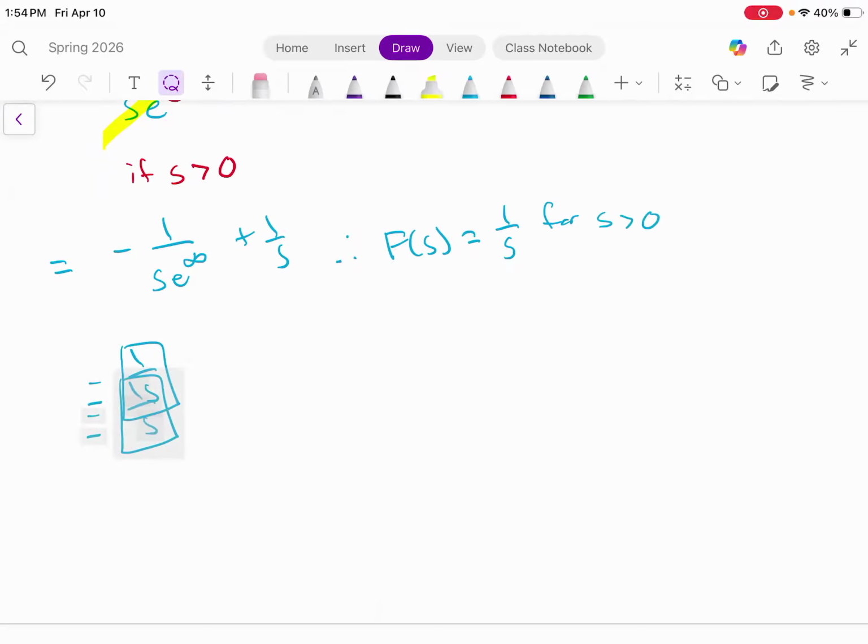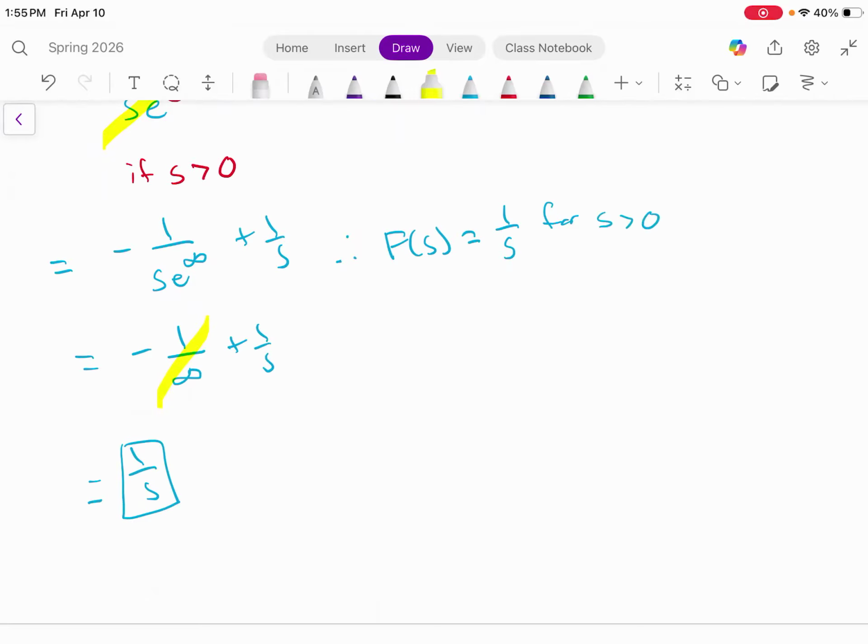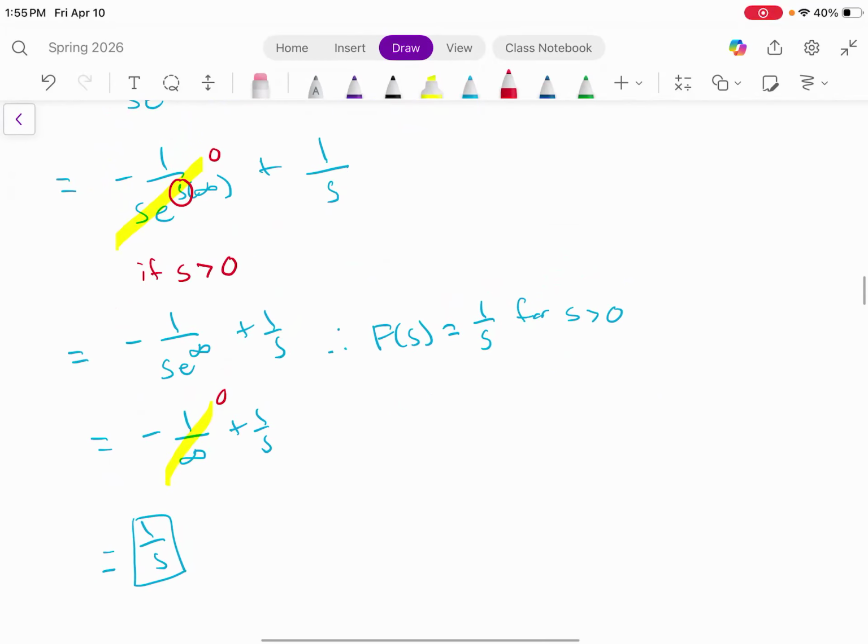So in case you're having trouble with that breakdown, this will be negative 1 over infinity plus 1 over s, but this just goes to 0. Just making sure we understand the term goes to 0 if s is greater than 0. So that's our answer, 1 over s. That's what constants usually go to, 1 over s.